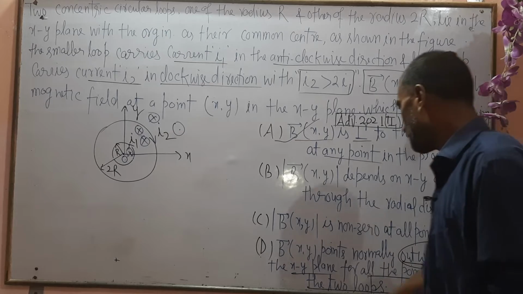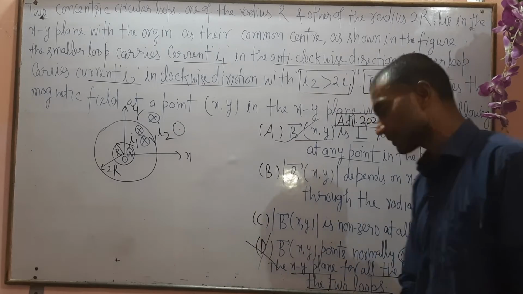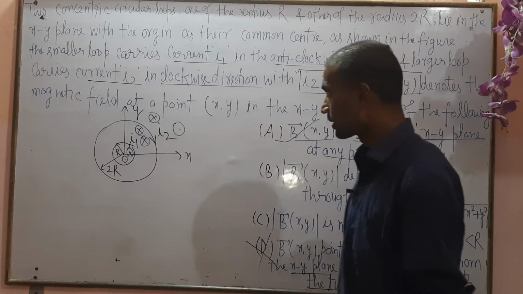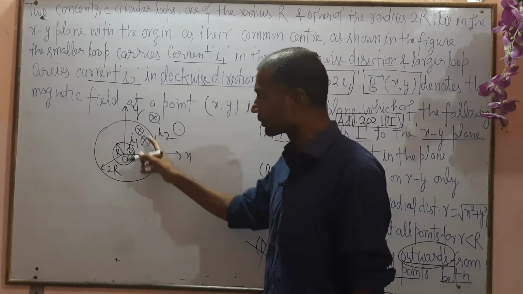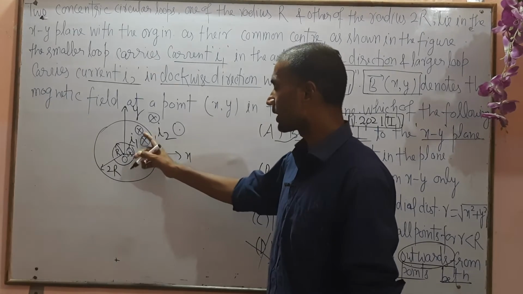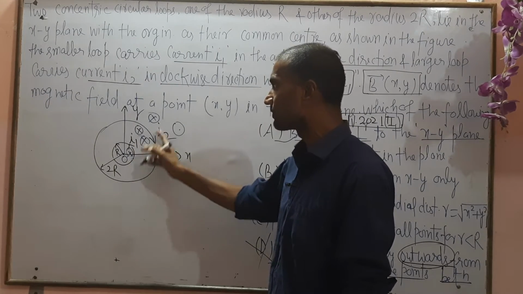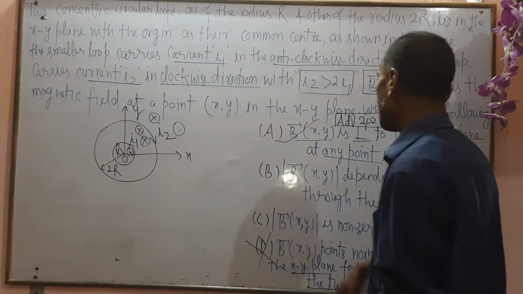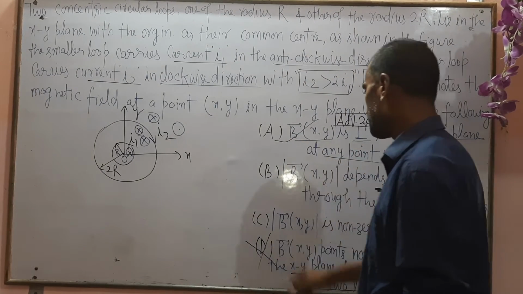So option D is incorrect. If inward were given, option D would be correct, because according to this figure the direction of the magnetic field between the two loops is inside. So option A is correct and D is wrong.